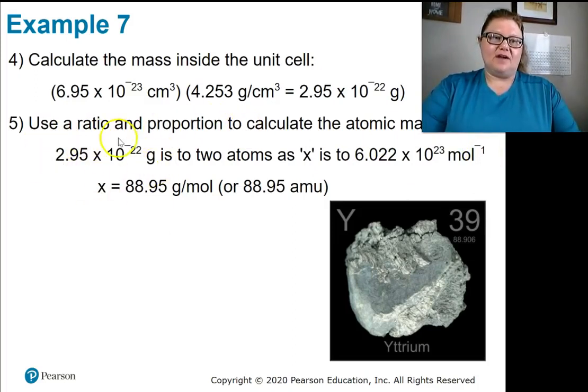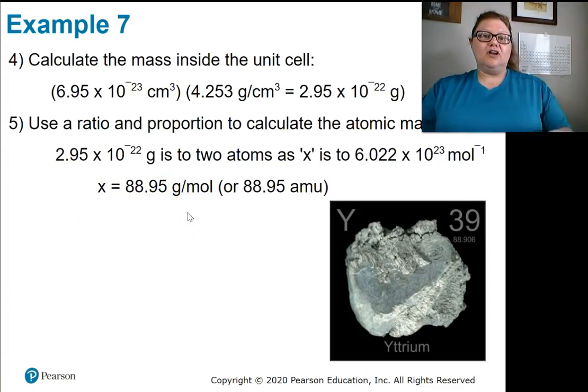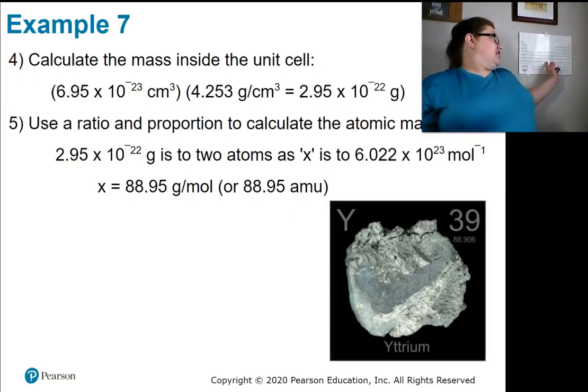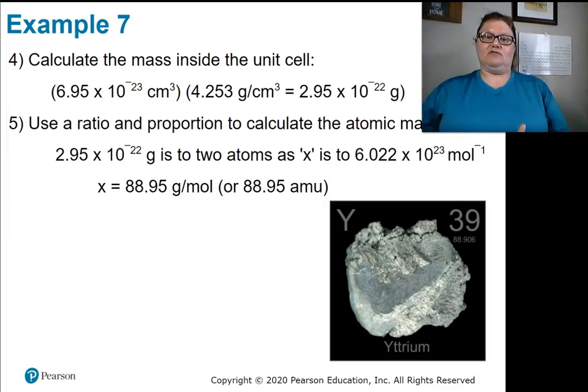We take our mass that we just had solved for, and from here we can arrive at grams per mole, okay, by dividing them here, and we get 88.95 grams per mole, which is just converted over to AMU, right? Remember the periodic table, if we're talking about a single atom, we would say its mass is atomic mass units. But if we're talking about moles, it's now the same value on the periodic table, but in grams. So it has that direct relationship.